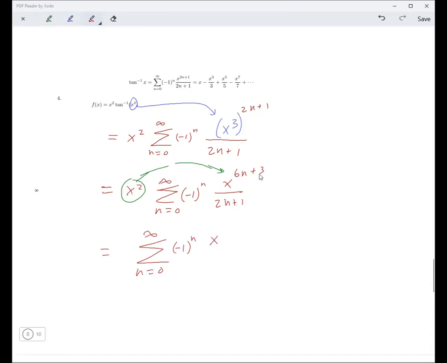So 6n plus 3 plus 2 is 6n plus 5. Okay, and so that's in. That's that one.